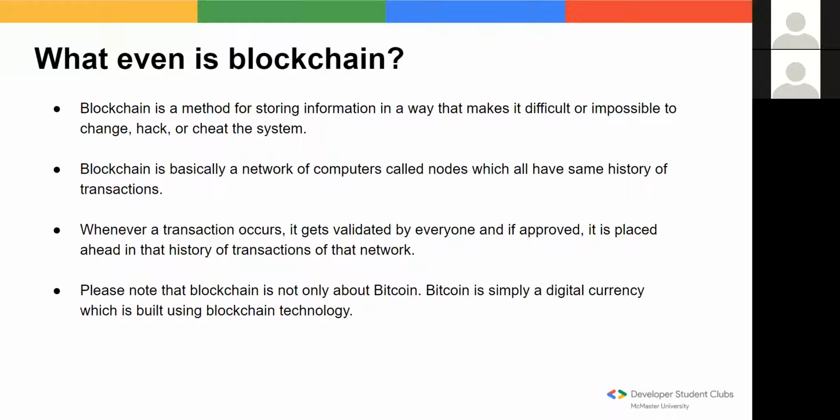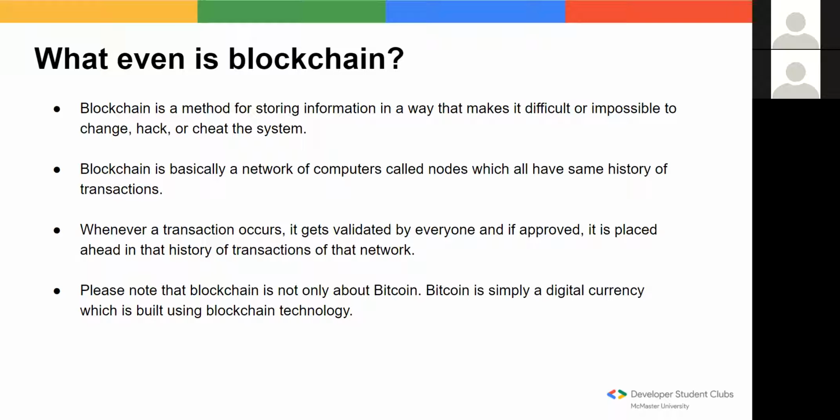A few terminologies that we need to know: in blockchain, we have things called nodes, and these are represented by computers around the world. Each of those computers has a history of all of the blockchain, which we will hopefully speak about more.